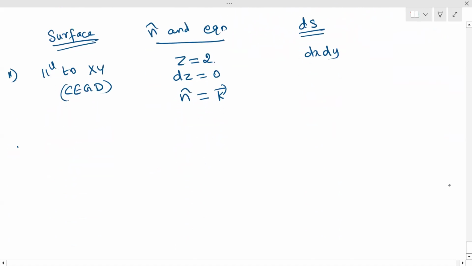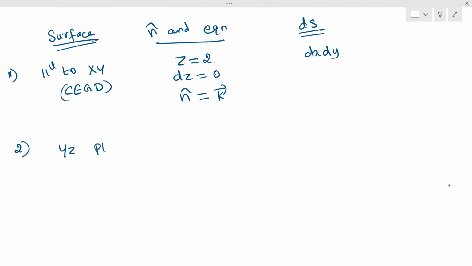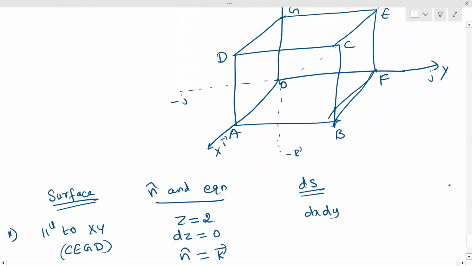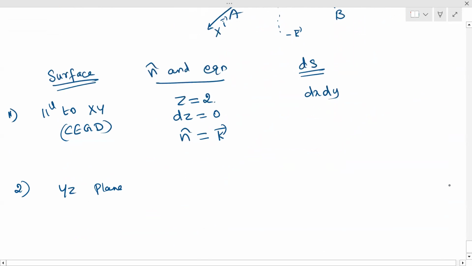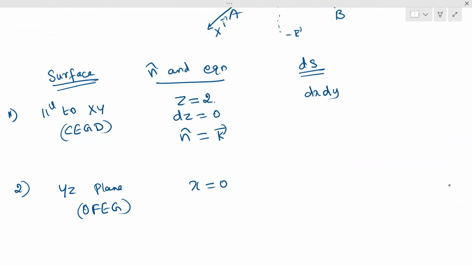The second one is the YZ plane. Which plane lies in the YZ? It is OFEG. The equation of the YZ plane is x equal to 0, because there is no x here, so dx equal to 0.